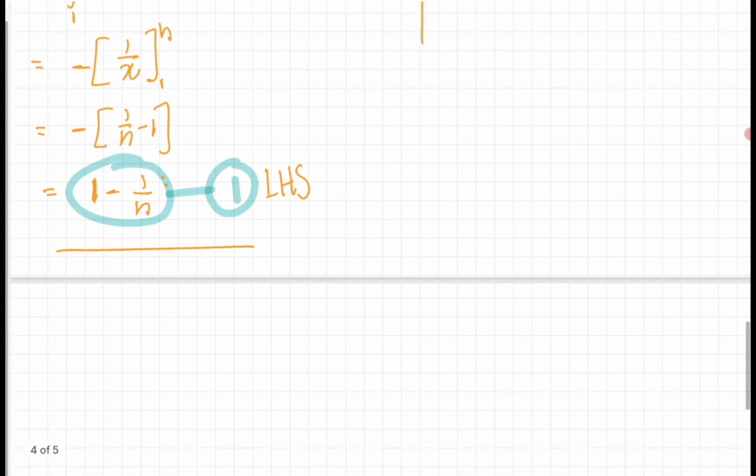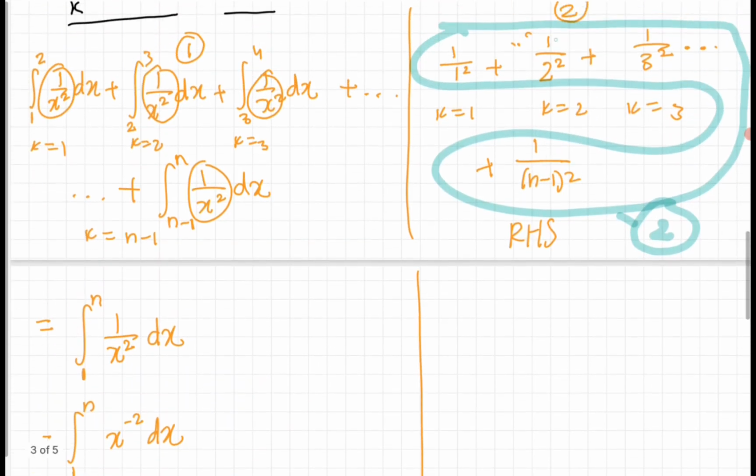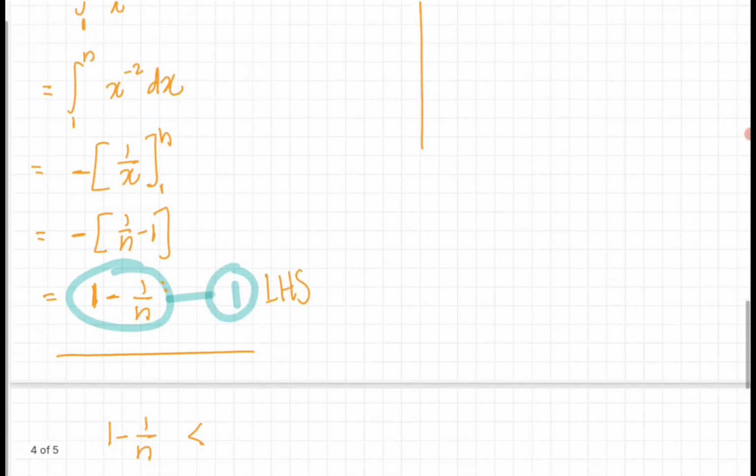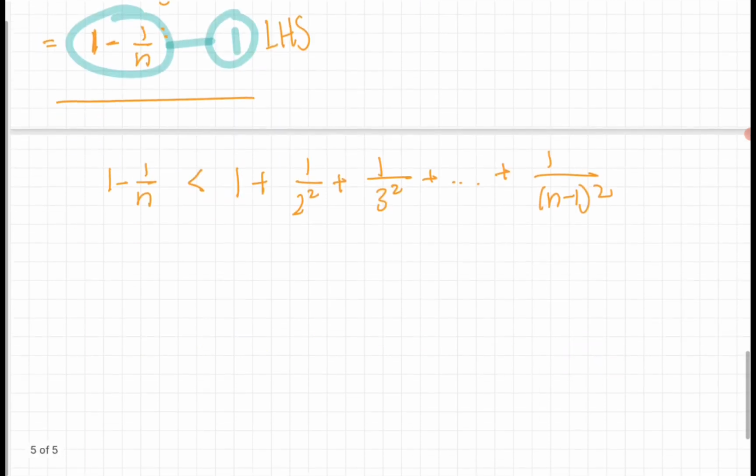Let's do that. So we see that 1 minus 1 over n is less than this whole thing. So I'm just going to write that. 1 over 1 squared is just simply 1, so I'm just going to write 1. 1 plus 1 over 2 squared plus 1 over 3 squared, dot, dot, dot, plus 1 over n minus 1 squared.